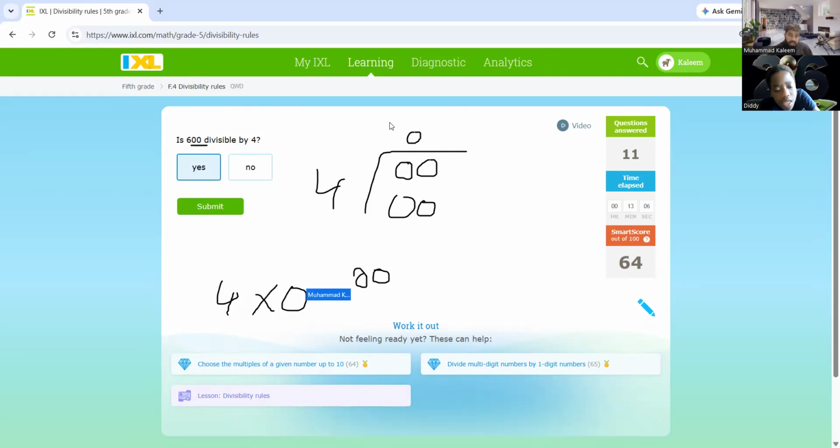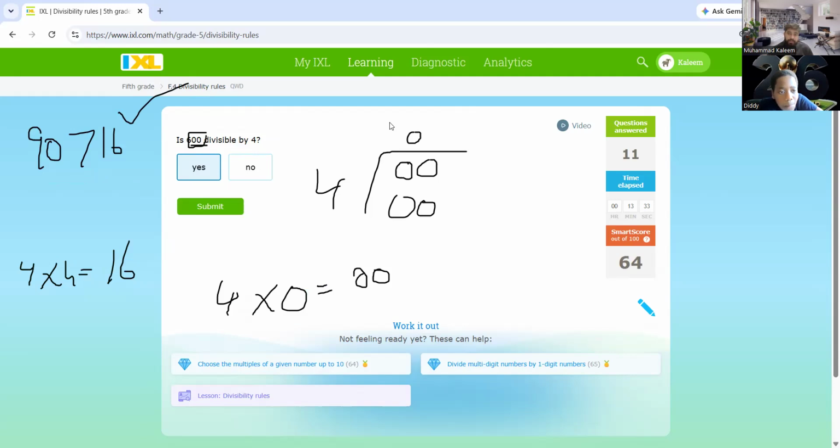We just have to test the last 2 digits of the number. Whatever the number is, test the last 2 digits. If the last 2 digits are a multiple of 4, like 16, then that number will be divisible by 4. Like we have 90,716, so this number is divisible by 4.